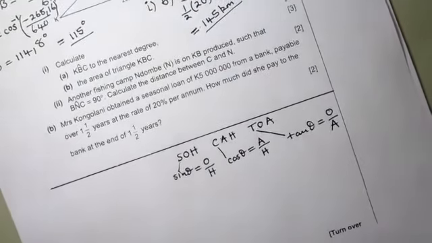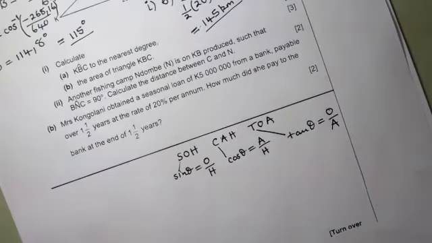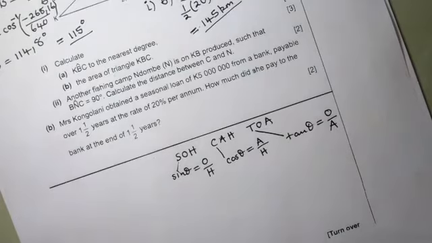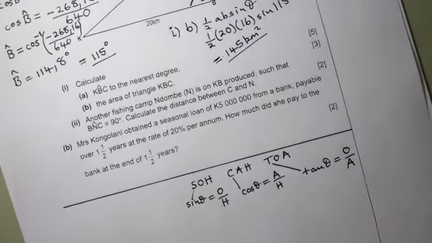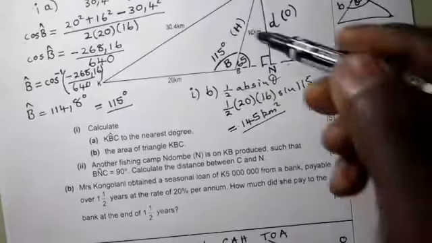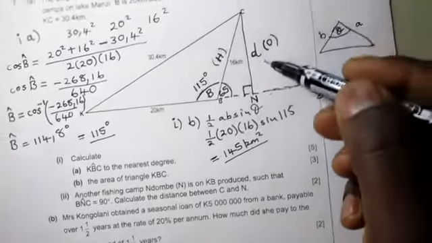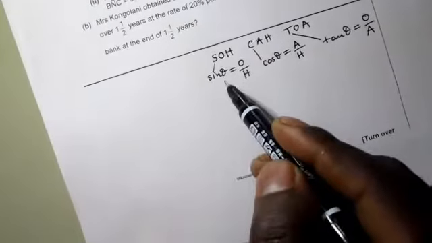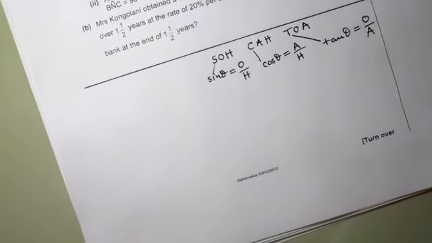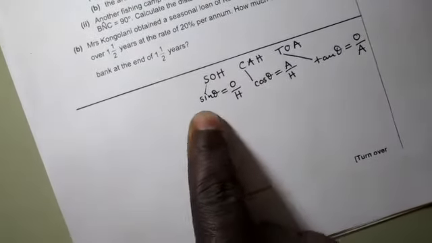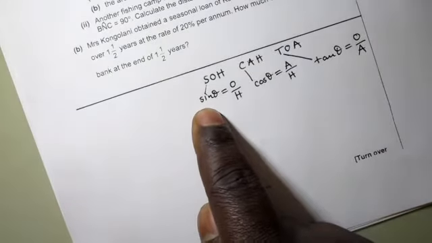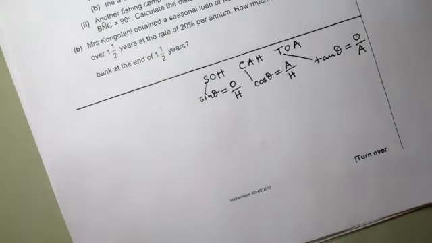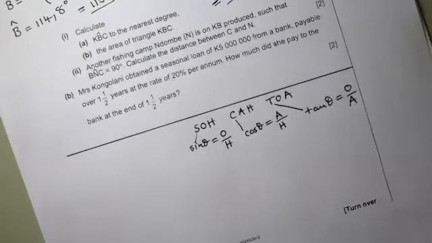So this is the meaning of SOHCAHTOA, or you can make use of CAHSOHTOA depending on what you were taught. I hope you are listening, class. Right. So H and O are the letters that we have on our triangle, and H and O are part of the sine theta formula. Hence, we are going to use the trig ratio of sine theta is equal to opposite over hypotenuse.